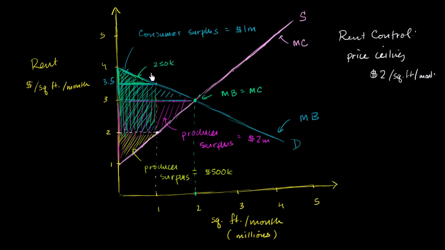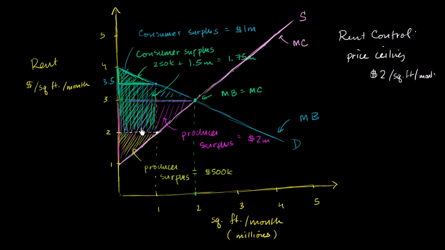Did I do that right? Yep. So that's going to be plus this, which is 1.5 million. You add these two together, the total consumer surplus is now 1.75 million.